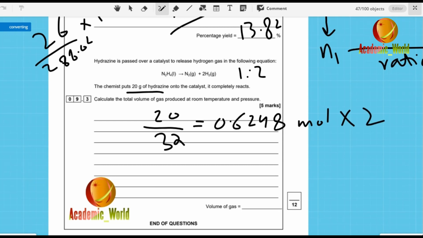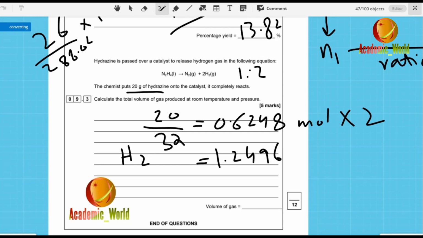So the hydrogen moles will equal how much? Hydrogen's moles are 2 times 0.6248, so it will equal 1.2496.